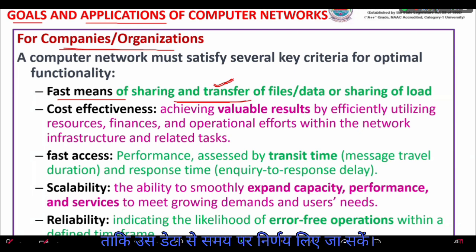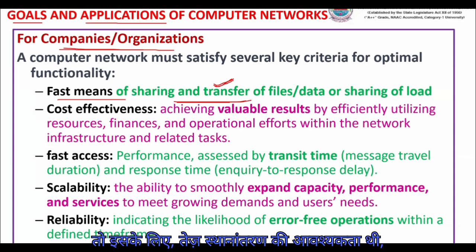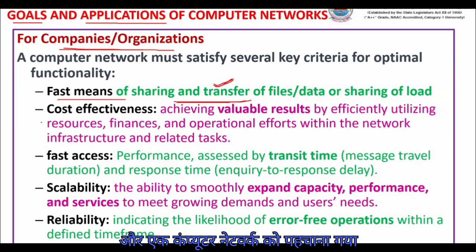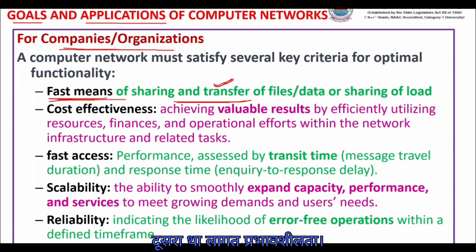We need to share it with the higher authority so that timely decisions can be taken from that data. So for that, fast transfer was required and a computer network was identified as the base or platform which can fulfill this objective.